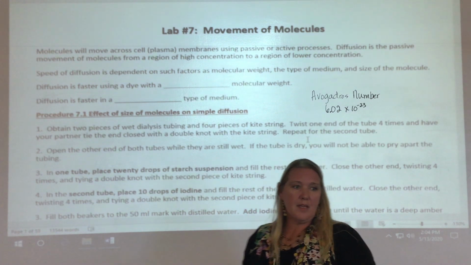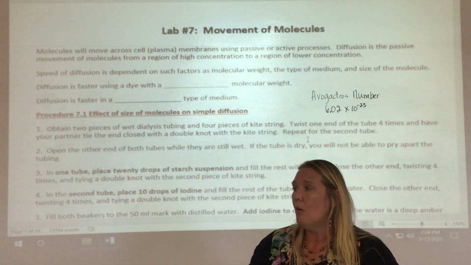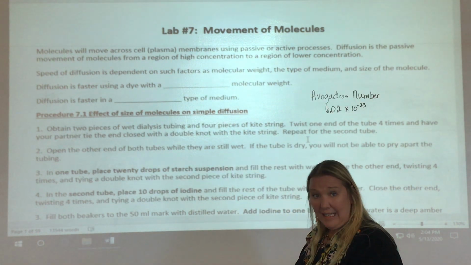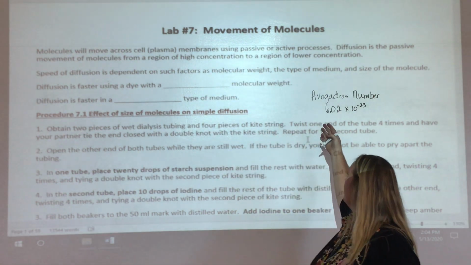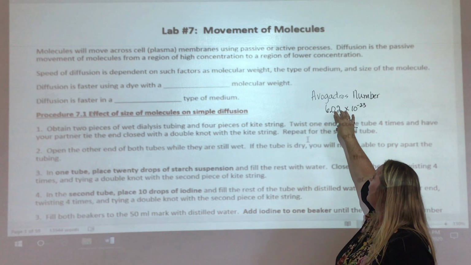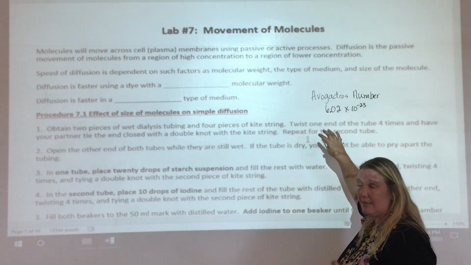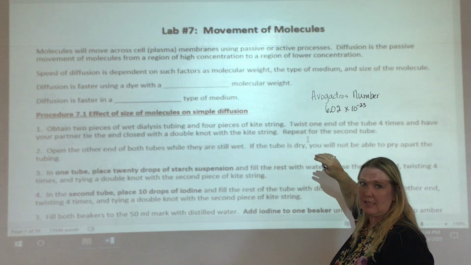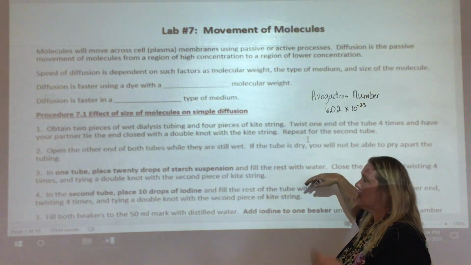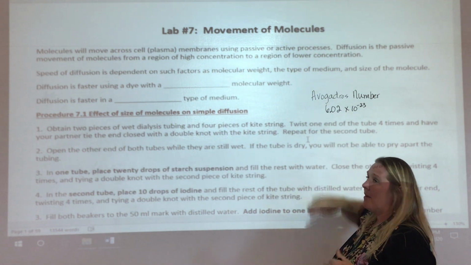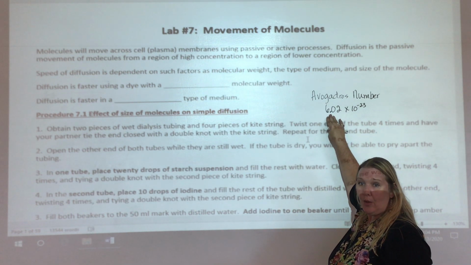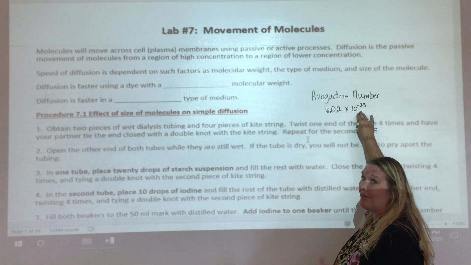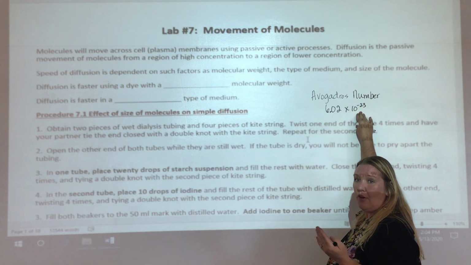So why did I jump from that atomic mass? Well, we want to talk about molecular weight. Molecular weight is what is in our lab. And so we need to be able to understand that if an element, we'll get to molecules in just a second, but if an element, like hydrogen, has an atomic mass of 1, it's also going to be 6.02 times 10 to the negative 23 Avogadros, right?